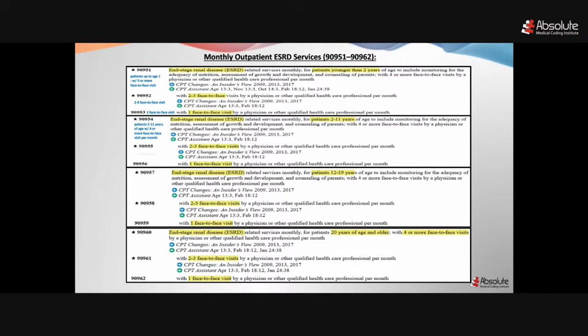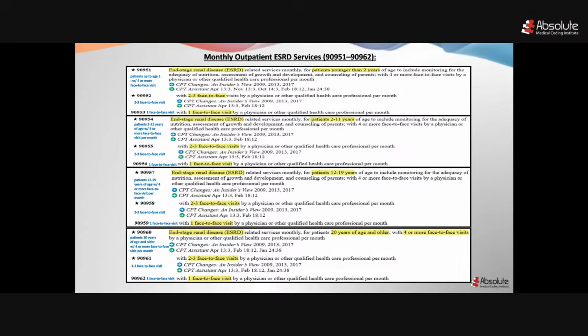Now, let's break down the monthly outpatient ESRD codes. The codes are based on the patient's age and the number of face-to-face visits per month. For infants, or patients younger than 2 years, we can use the codes ranging from 90951 through 90953.